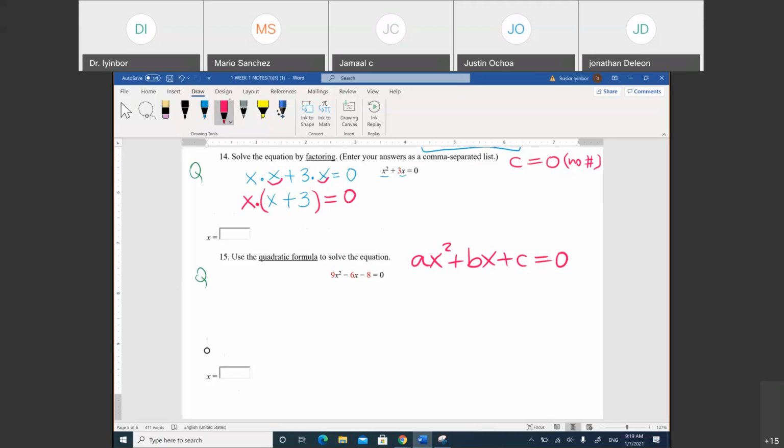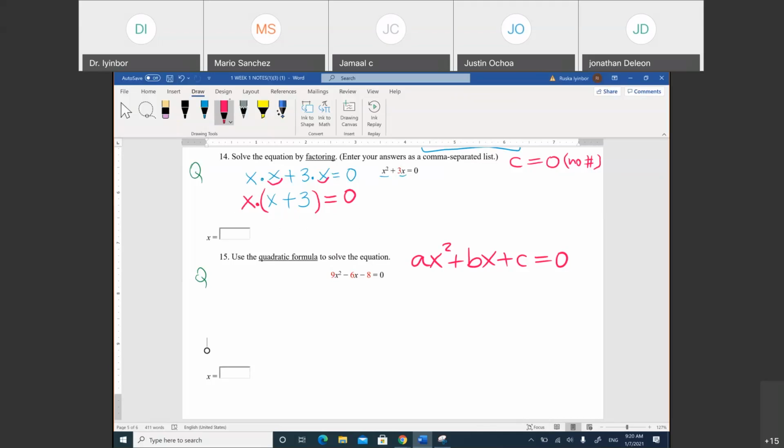Now, here we're using the zero product property, which sounds very fancy, but what that means is if you multiply two numbers and you want to get 0, one of the numbers has to be 0, right? Because 0 times anything is 0. That's kind of common sense you're using here.